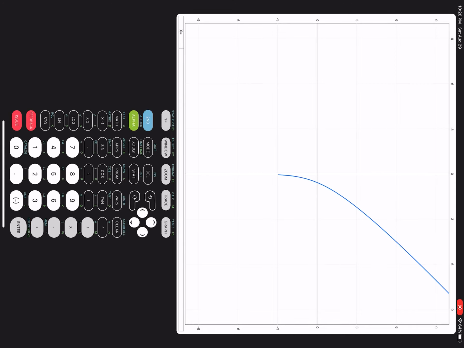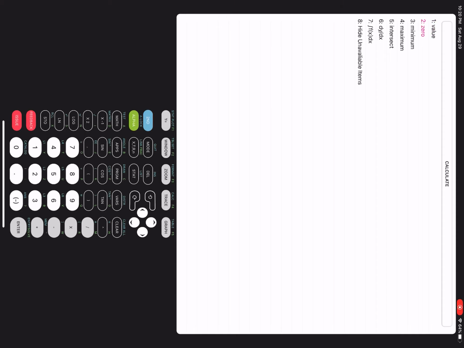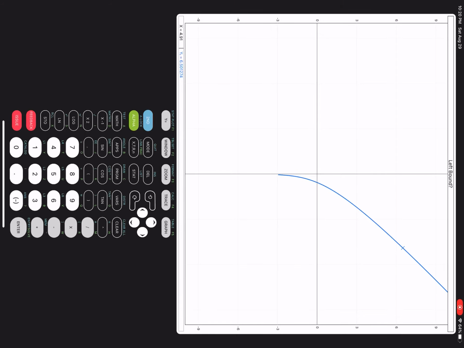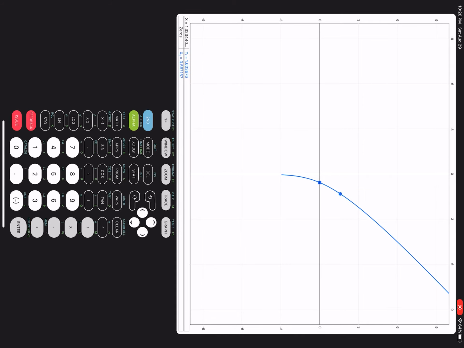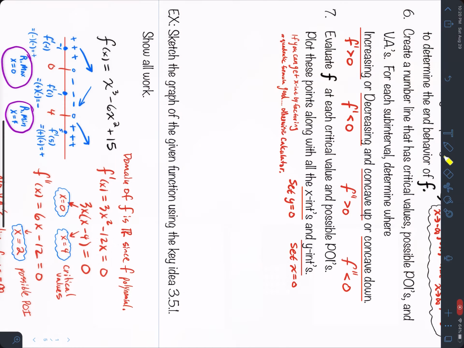And so I want to know, where does this thing cross the x-axis? All I do is I go second calc, and I find the 0, number 2 there, and then I get on the left side, and then I go to the right side, and it tells me, okay, here's the 0 at 0.567. So you can use technology there. You just tell me I used my calculator at that point.